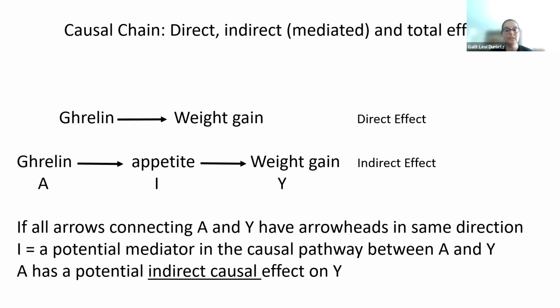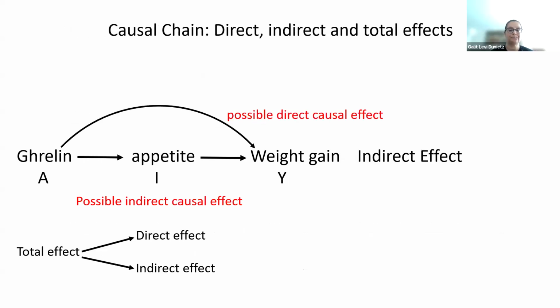So direct plus indirect equal total. So this is a DAG that represents appetite as a mediator, and you see that there's a direct arrow that goes from ghrelin to weight gain, and there's also an indirect path from ghrelin to weight gain through appetite.